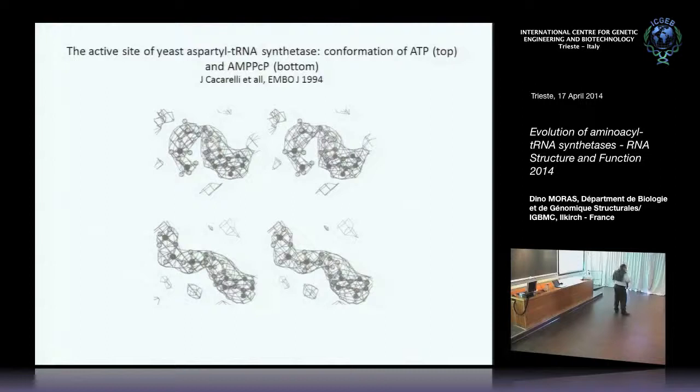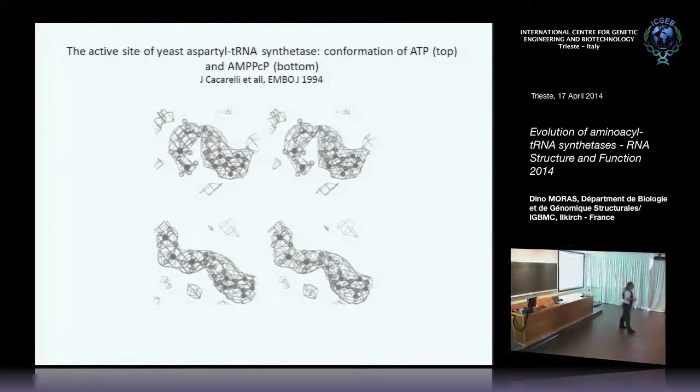An important feature is that the structure of ATP in the class 2 enzymes is really non-typical. Actually, to my knowledge, it is close to unique. All ATP binding enzymes, like kinases and others, have an elongated shape, something more similar to that one. And this one, you see, is a U. It's a very sharp turn.